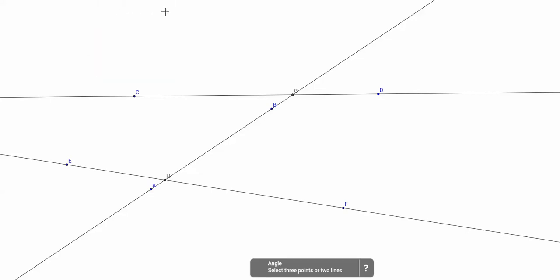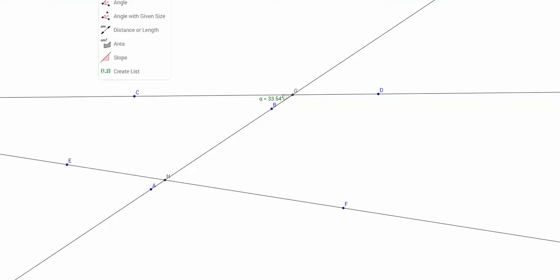Okay, so I'm going to measure a couple of, let's see, some corresponding angles. So I'm going to measure this angle right here. So you can see that it's 33.54 degrees. That's this little angle right here. So corresponding to that would be this angle down here. So A, H, E. Okay, you see I did it wrong.